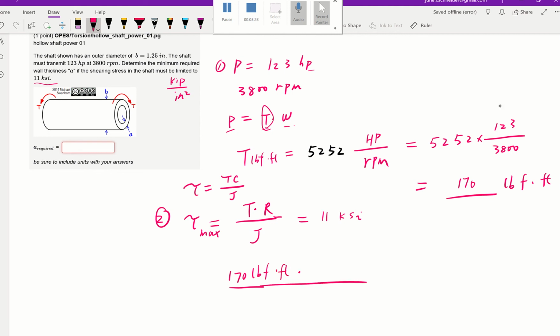And for this radius, let's look at the cross section. The cross section is a hollow one, and at the outer edge you have the maximum shear. For this problem, the radius is half of B, because B is the diameter, so it will be 1.25 divided by 2.